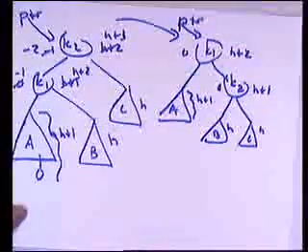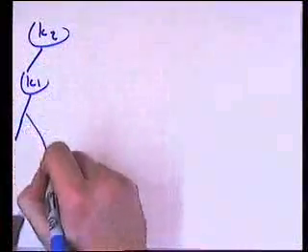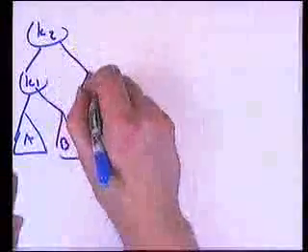What's going to happen here is, let me draw the picture again. I'm not going to bother drawing the heights and such now. We're just going to concern ourselves with the structure for the moment. So here's subtree A and B and C. And here's PTR.